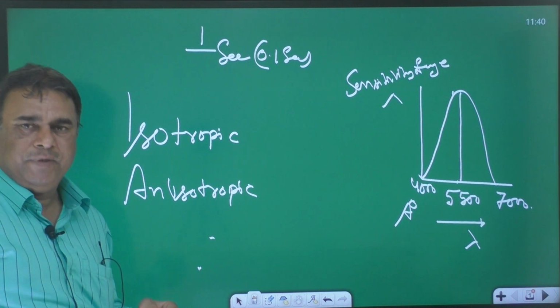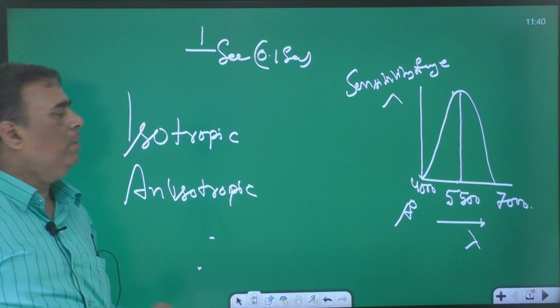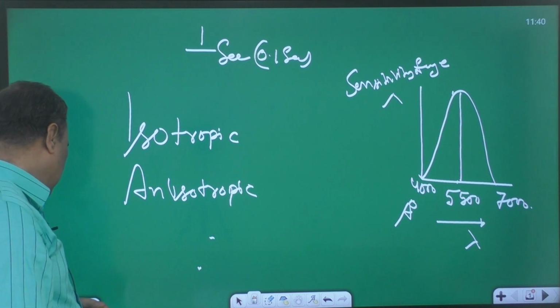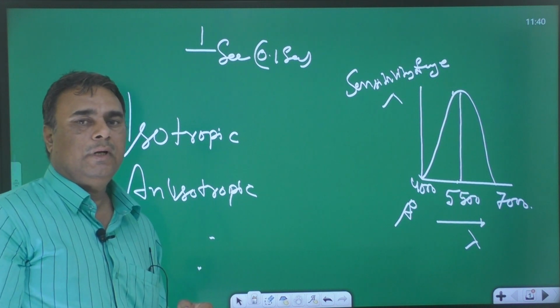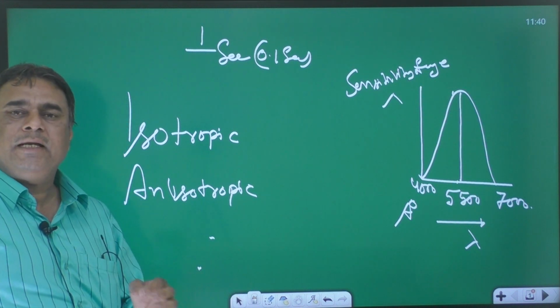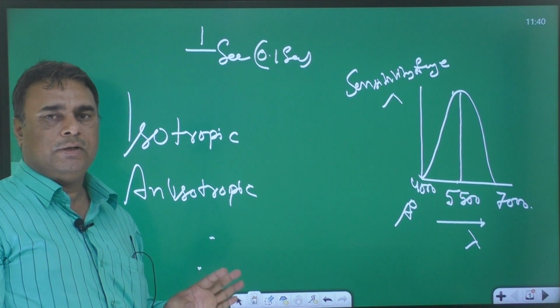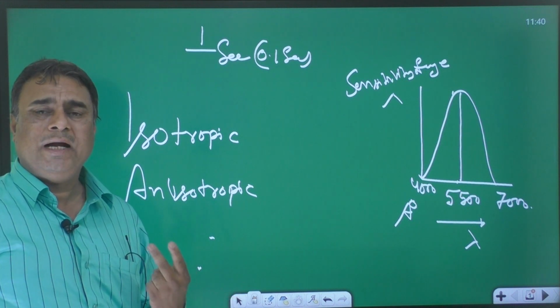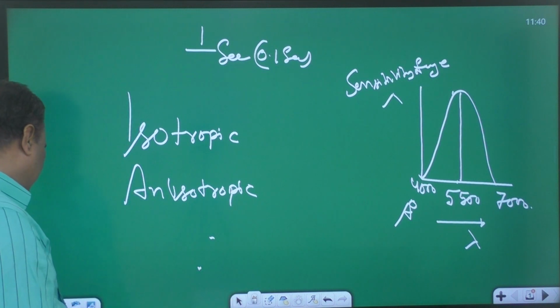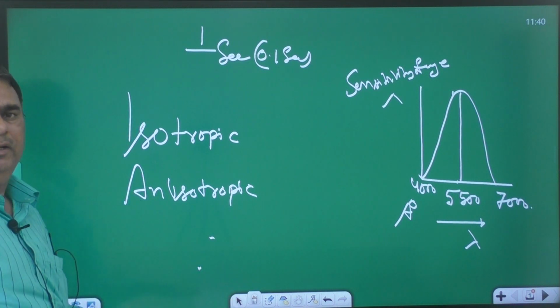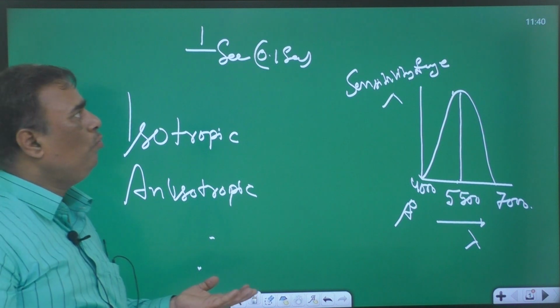But there is one more difference at the advanced level. In monochromatic, the definition says there is only a single wavelength of light, but actually not. There are at least two wavelengths of light in what is called monochromatic. Okay.